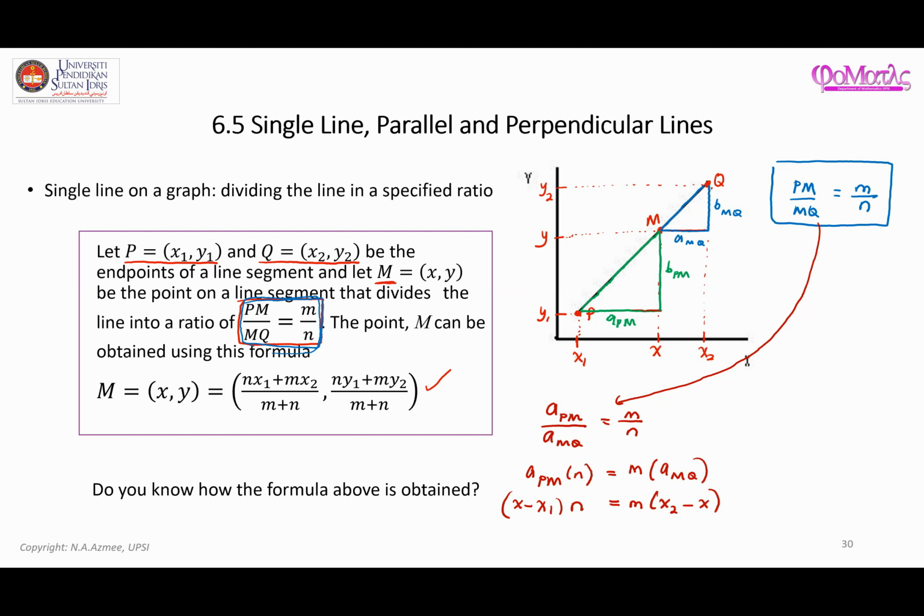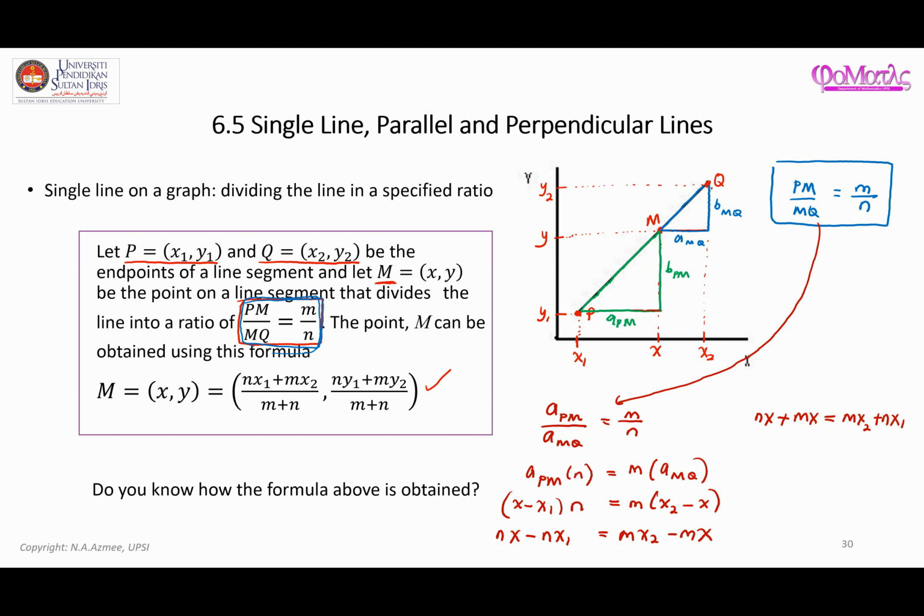Next I'm going to take out all the brackets. Multiplying all the terms, I have nx minus nx1 is equal to mx2 minus mx. And remember that we are looking to find what x is. So x will be the subject, and I'm going to put all the x terms together on the left side. Then I will have nx plus mx is equal to mx2 plus nx1.